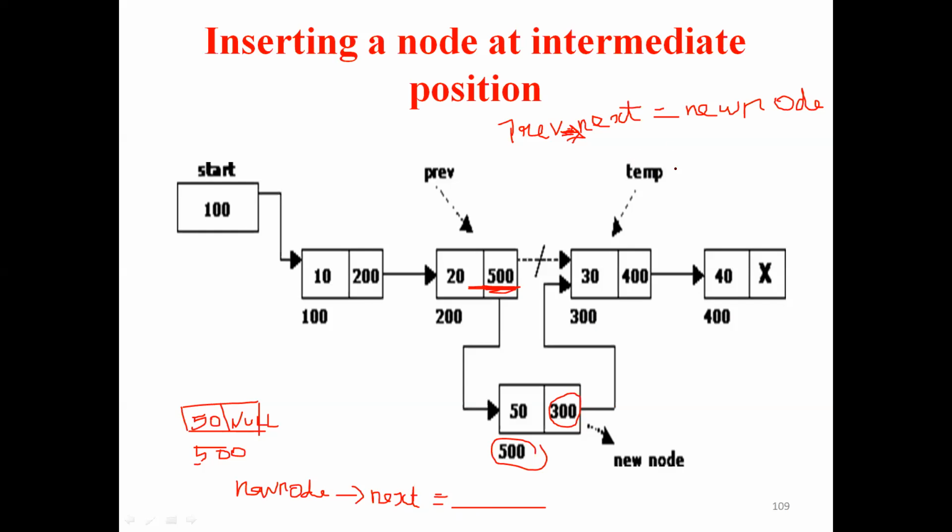It is very simple. From the diagram itself, you can tell. Who is holding the value of 300 right now? Yes, very good. Temp. See, 300 is nothing but temp. Okay. So I'll write here temp, according to the diagram I'm telling.